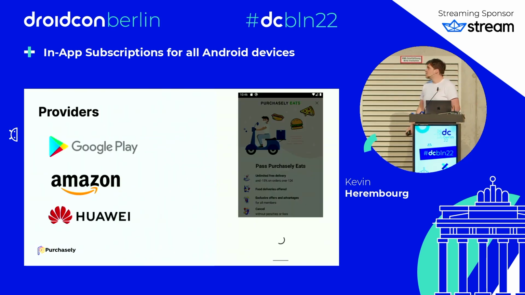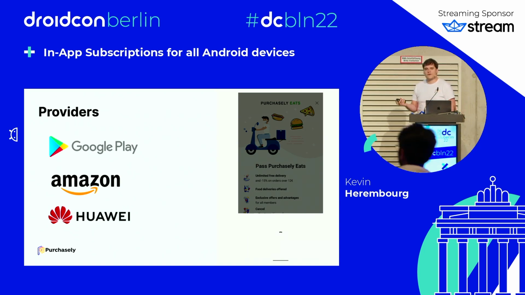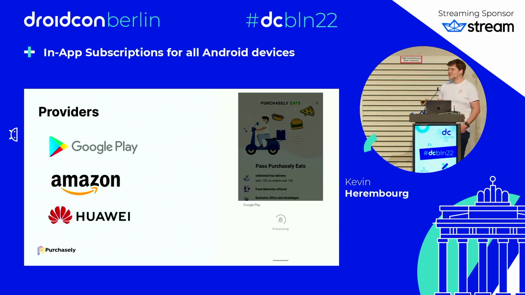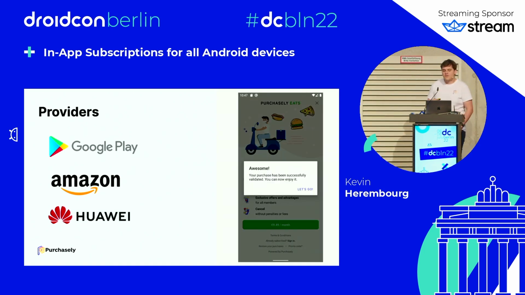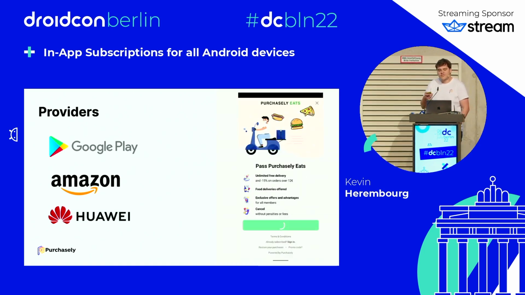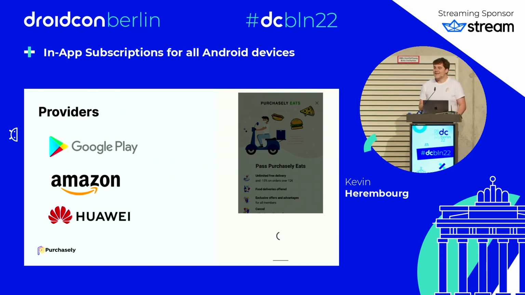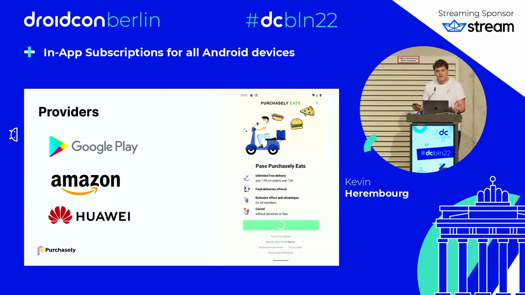And for that, you have multiple providers on Android. Of course, there is also one in a very well-known competitors. But on Android, you have basically 3 choices: Google, Amazon, and Huawei. And this is what I'm talking about with in-app subscriptions. Let's say you're providing Purchasely Eats, which is a very well-known company to deliver food, and you have a subscription system to have this unlimited food delivery for free at each delivery, but for that you need a subscription.